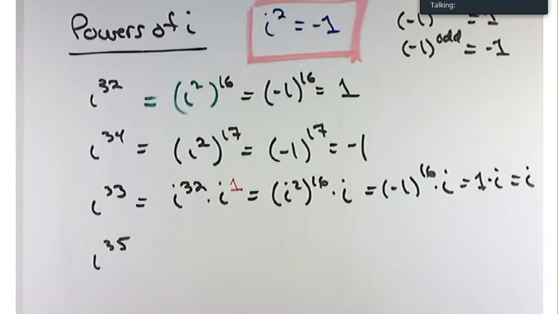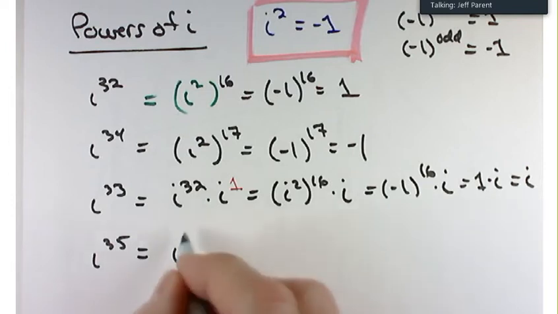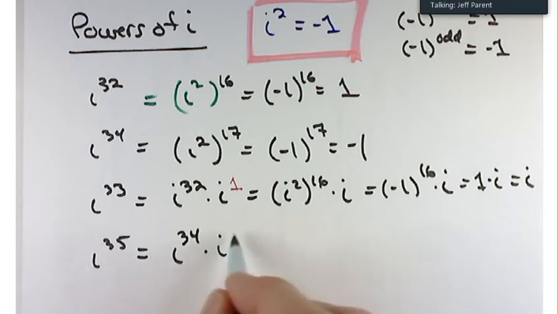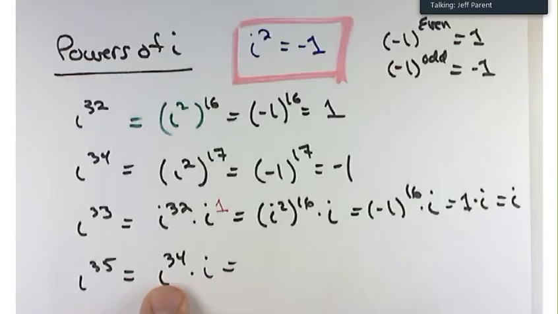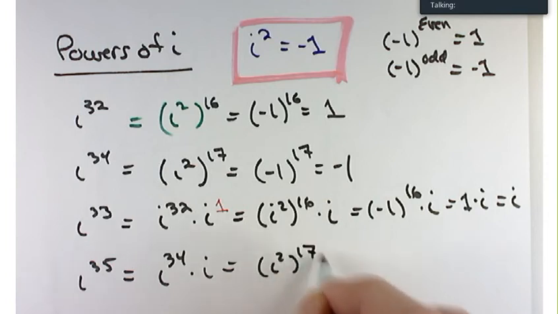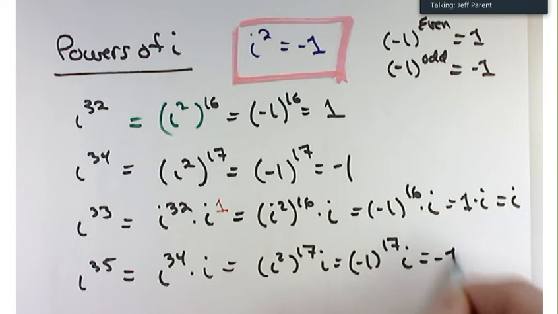Finally, this is going to be i to the 34th times i. And we kind of know what happens here. i to the 34th became negative 1. I'll do it all out nonetheless: negative 1 to the 17th times i, or negative 1 times i.